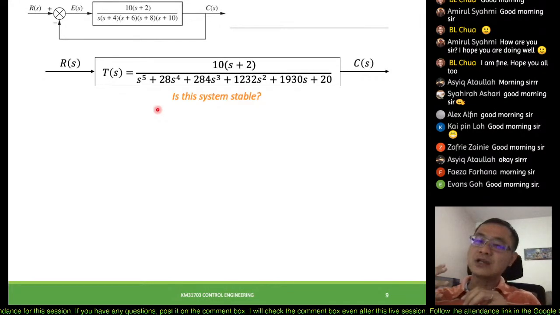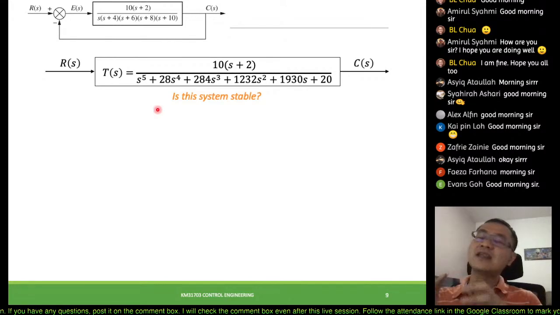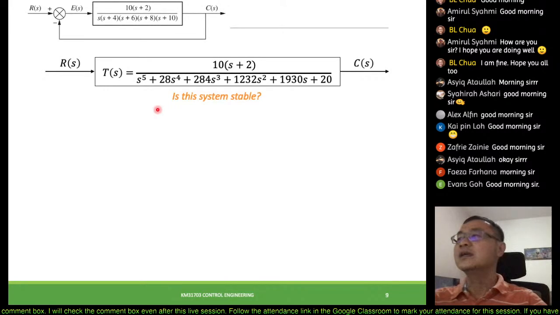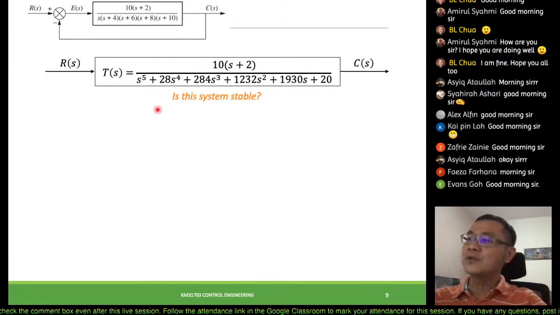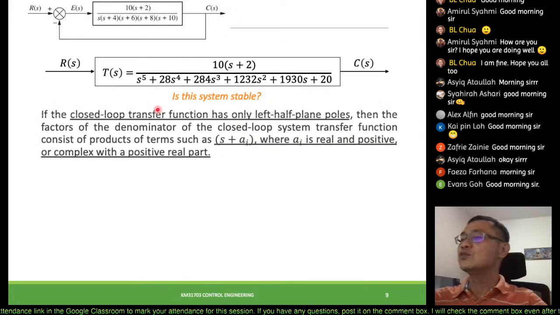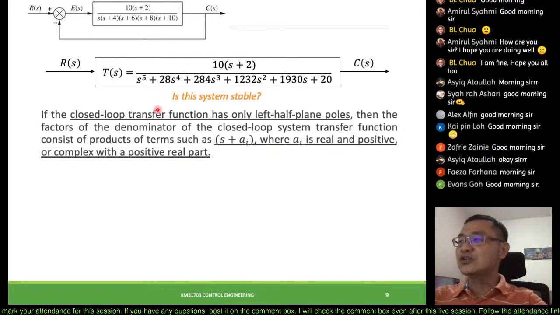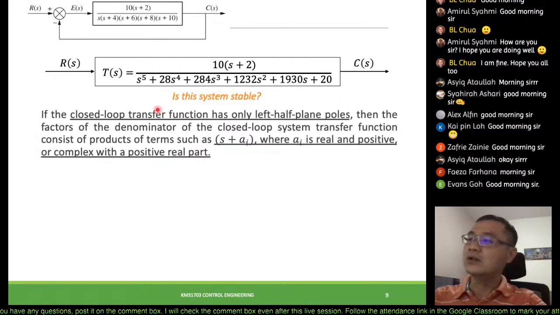Since this is of order 5, you have to get 5 roots, which is difficult to solve. Even if you use a computer, it may give you some error, maybe, we don't know. So it is difficult to identify whether the system is stable or not.